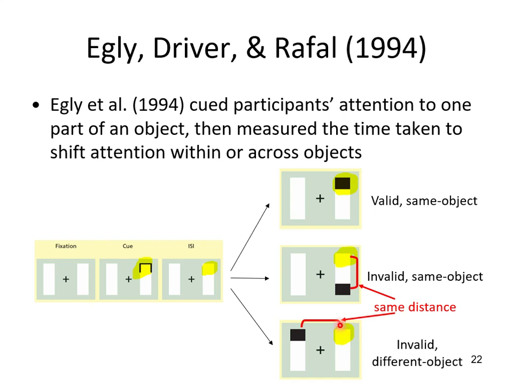On the other hand, if it takes time to move from the cued location to the different object location, it also reflects location-based attention, isn't it? But if there is anything more between this condition and the last one, then that additional cost is a different object cost, or it reflects the same object advantage.